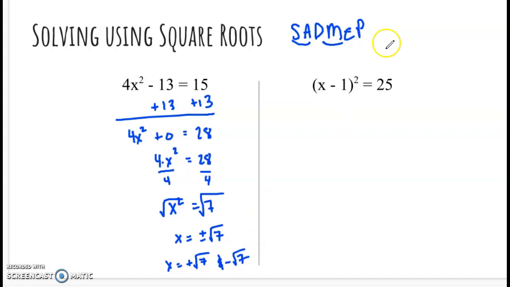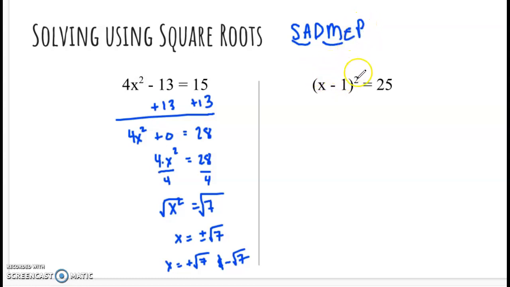Okay, let's hop on over and look at another example. Okay, so I've got x minus 1 squared equals 25. Well, again, I'm still following my reverse order of operations. I want to get rid of my added or subtracted term first, but I have these parentheses there. So those parentheses are changing my order of operations. This subtraction is actually going to be operated on in the last step with the parentheses.